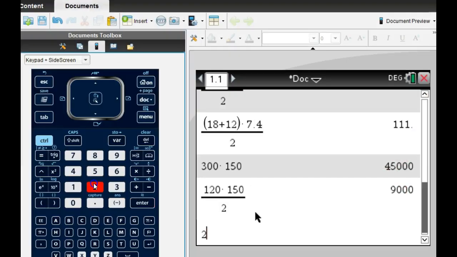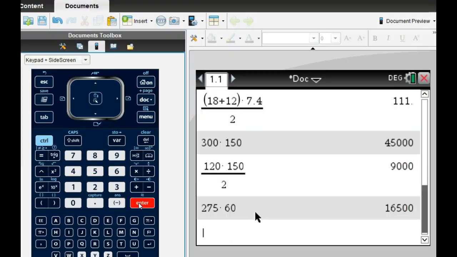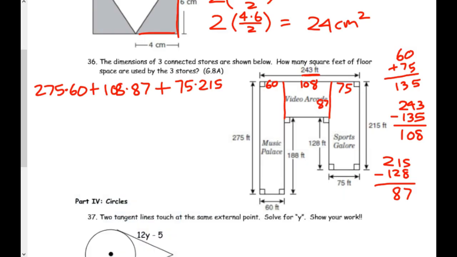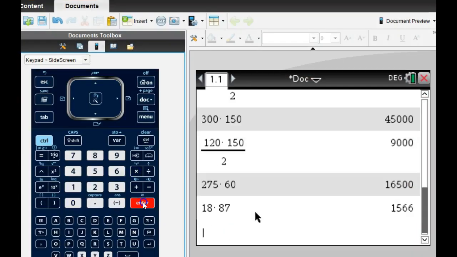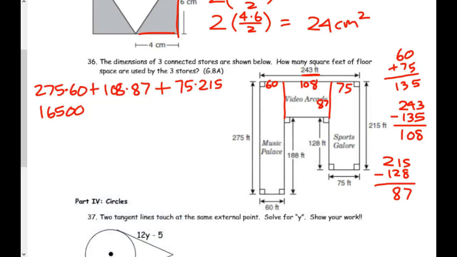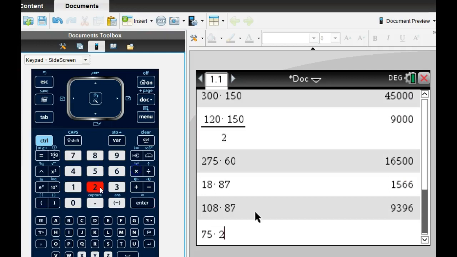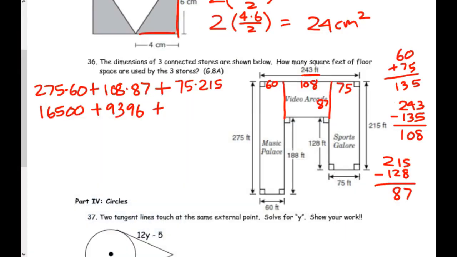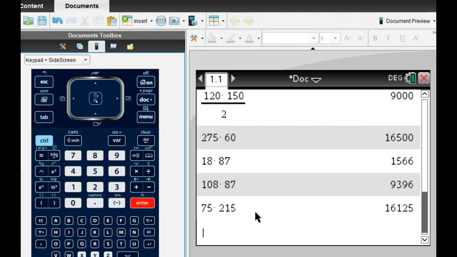Let's plug it in. 275 times 60. Add those up.